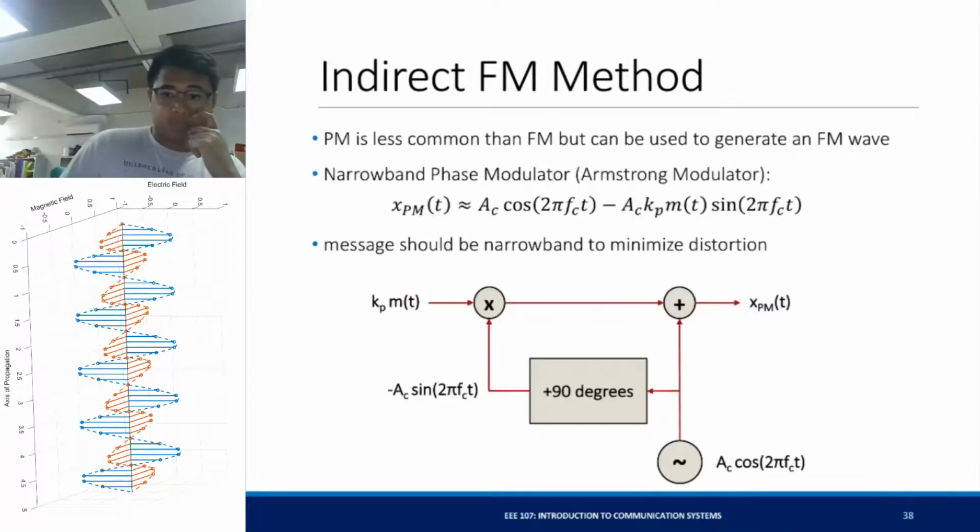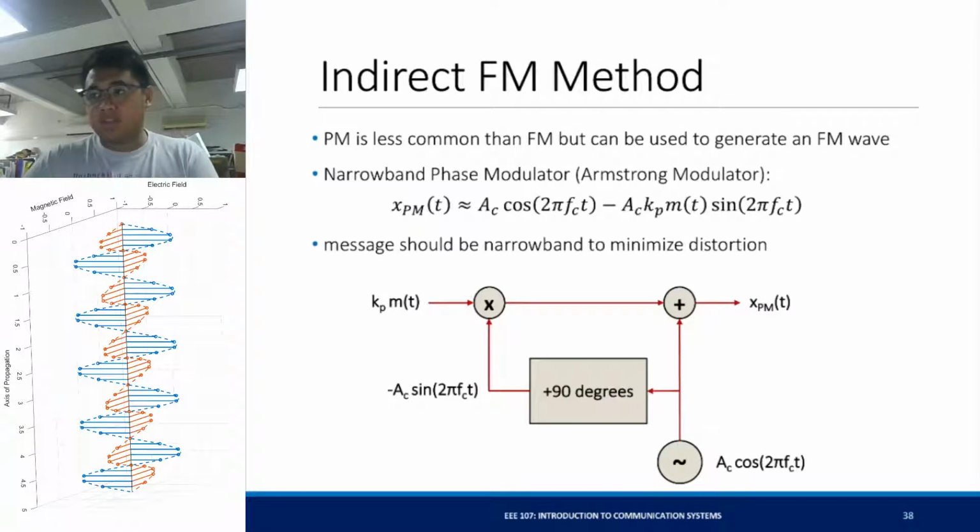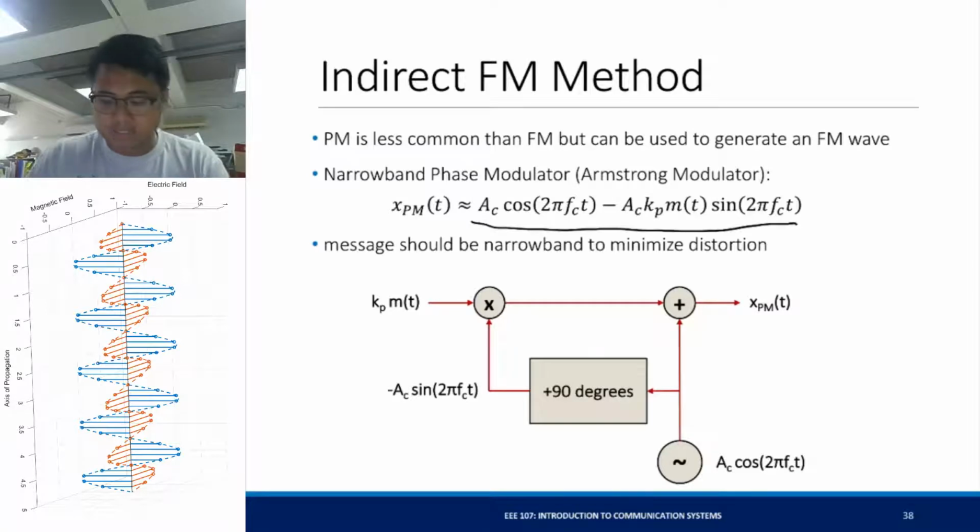Okay. An indirect FM method: since PM is less common than FM, but it can be used to generate an FM wave. So if we have a narrowband phase modulator or an Armstrong modulator, the PM wave approximately has this expression.